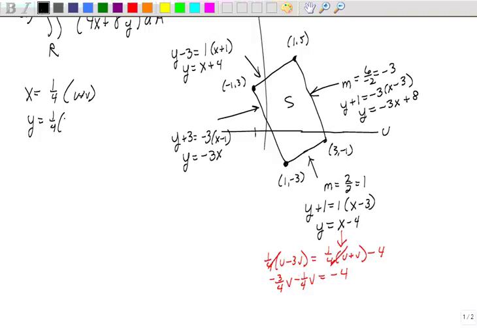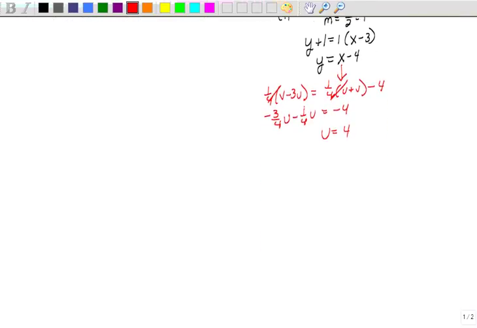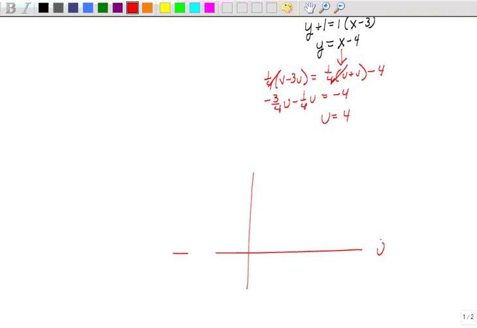Okay, I did. This is v minus 3u. So the v's cancel out. I have -3/4 u minus 1/4 u is minus 4. U is 4. So that boundary in red is going to go to here.